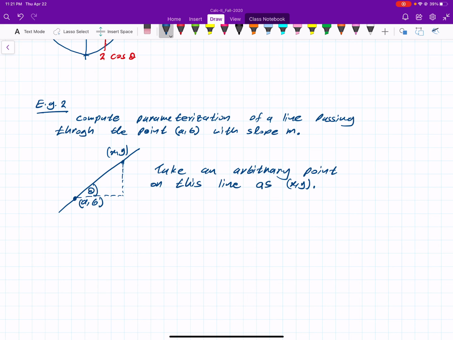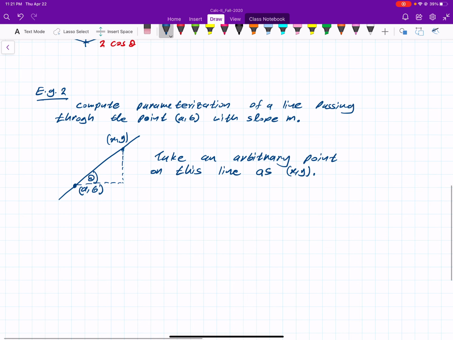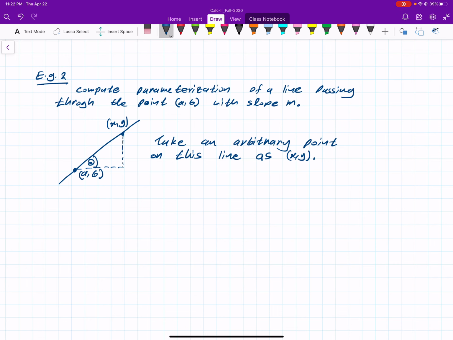The slope is actually tangent of theta, which equals this length divided by that length. You can take that as h and that as w, which is h over w.